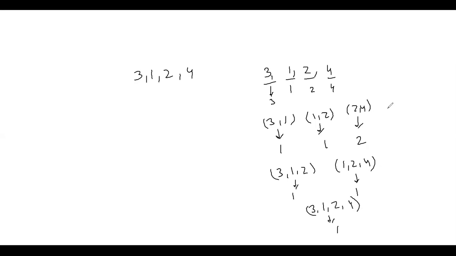It's just 1. Okay, so what's the sum? 3 plus 1 plus 2, so 10 here, 4 here, 2 here, and 1 here. So overall you have 17. So you have to find that sum of subarray minimums.